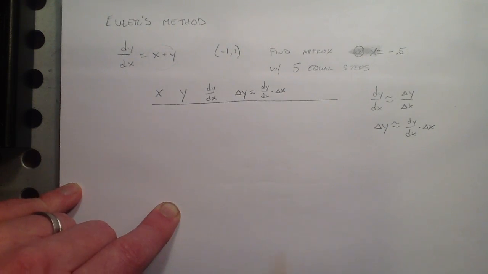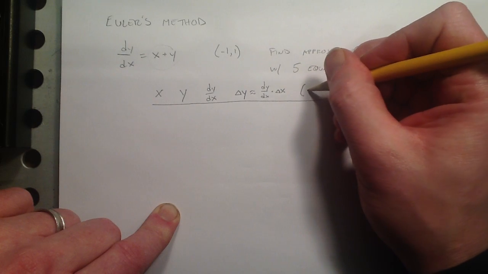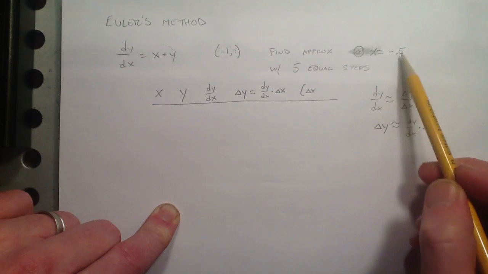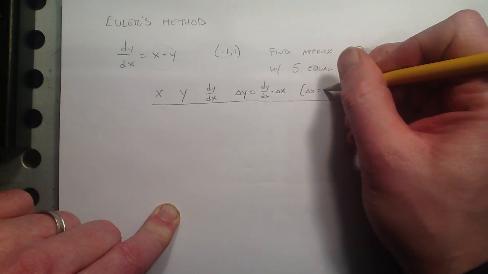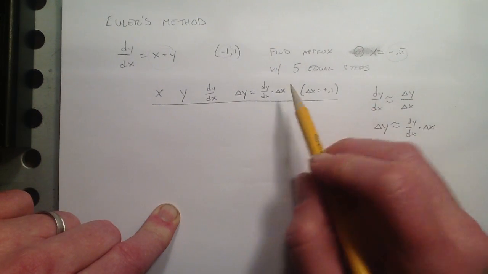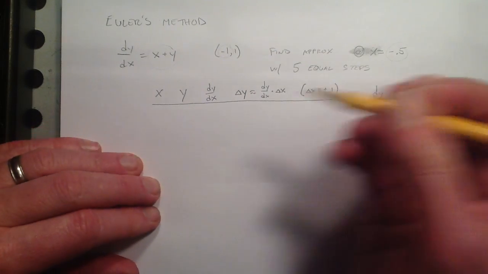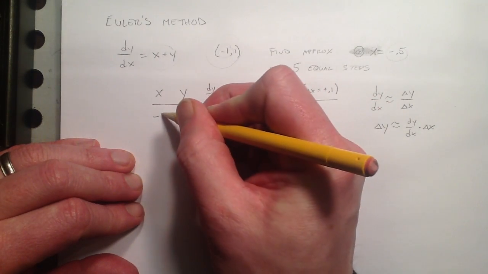And I might just make a note here. What's my delta x here? How much is my x changing every time as I go from -1 to -0.5? My delta x is going up by 0.1 each time. That's going to be the same every time. I'm always stepping over the same amount. So, where are we starting? We're starting at the point (-1, 1).